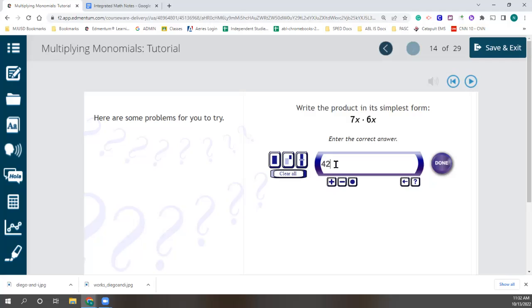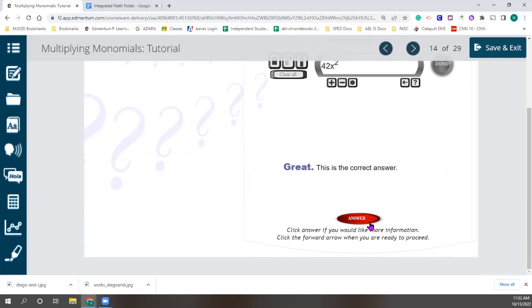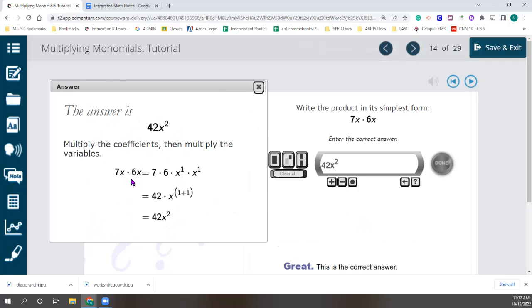If I'm wrong, that's okay. That just means I didn't fully understand it. Exponent 2. Done. I got the answer correct. How? Like this. Multiply the coefficients. The coefficients are the numbers. So 7 multiplied by 6 is 42. Then multiply the variables.